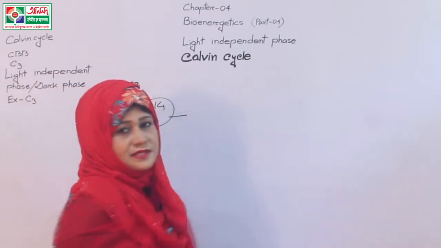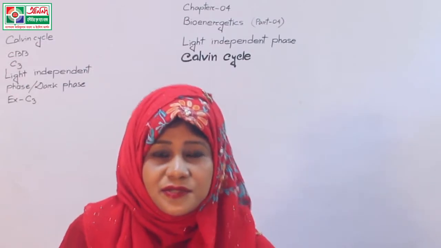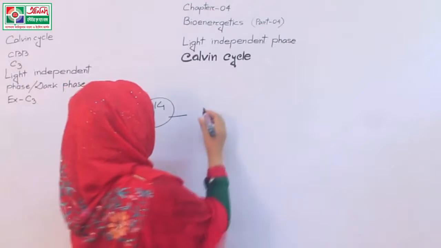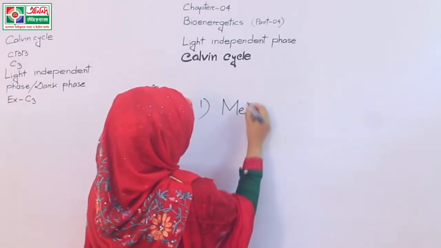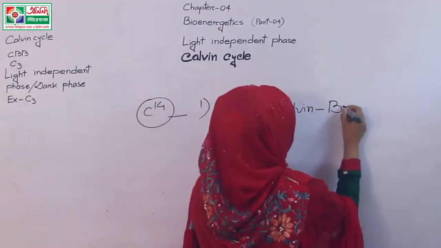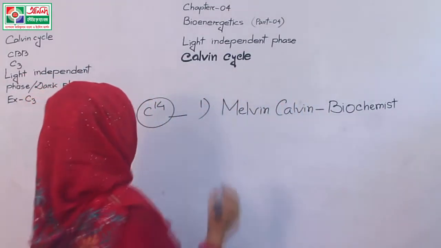In this process, there are also two pioneer workers, so we should know their names. The first one is biochemist Dr. Melvin Calvin.